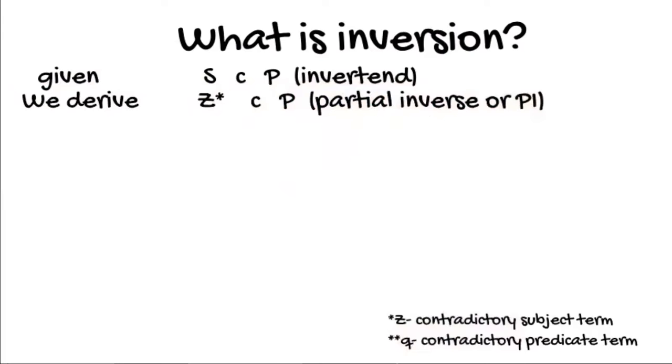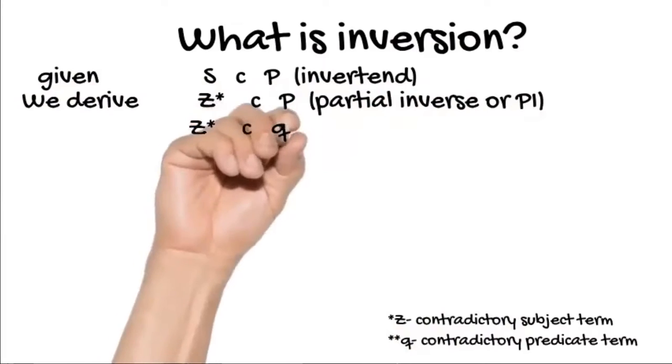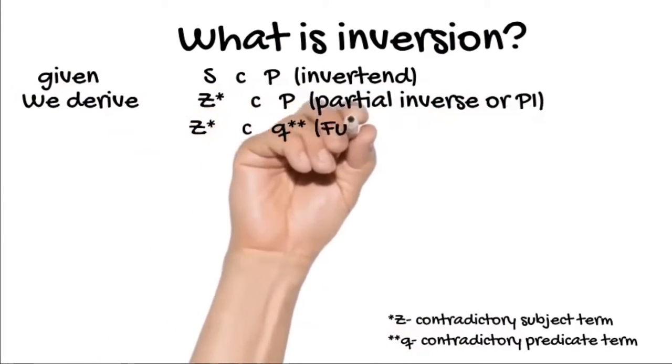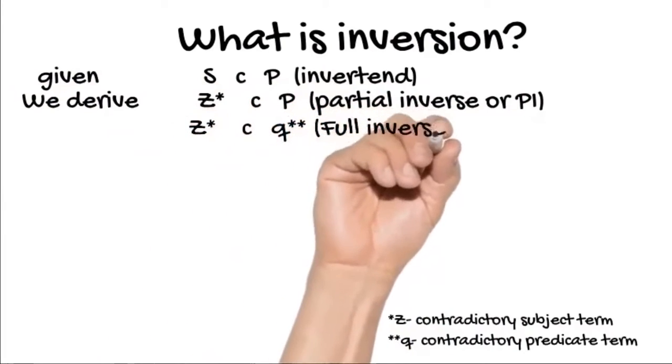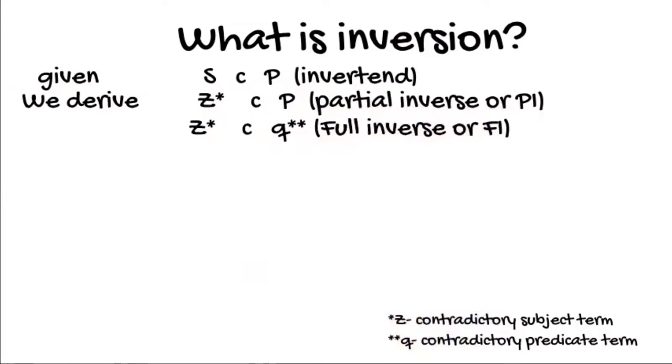And this is for the partial inverse. Now, letter Z is used to represent the contradictory subject term for this discussion. Now, if you will invert this again, then you'll have contradictory subject term, copula, and contradictory predicate term. So, letter Q is used to represent the contradictory predicate term for the purpose of this discussion. So, that's the template of inversion.